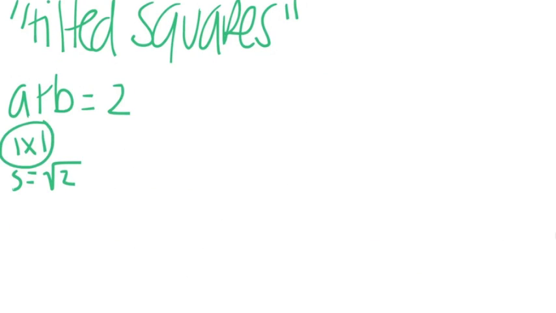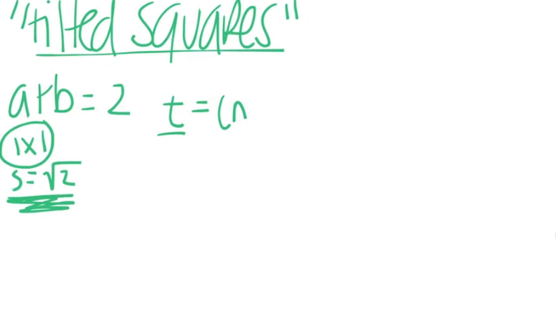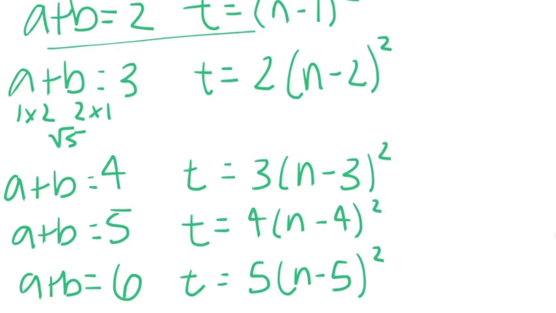That's just the 1 by 1 counting side, giving me a side length for my tilted squares of root 2 by root 2. And I found that the total number of tilted squares that had side length of root 2, no matter what the n was, gave me t, the total number of tilted squares, equal to n minus 1 squared. And so I was like, well, okay, let's see if I can find a pattern with this.